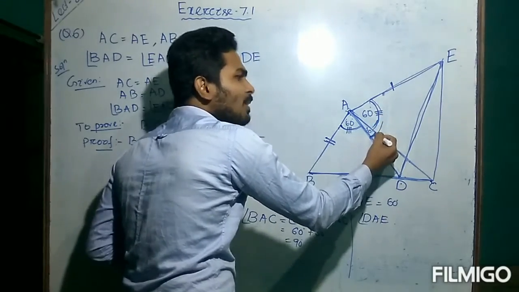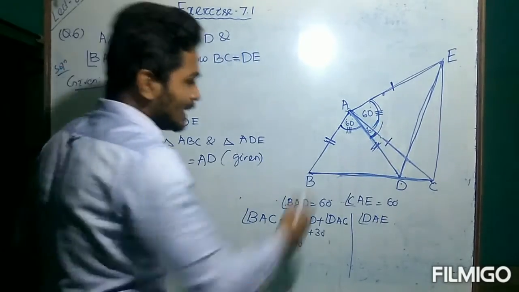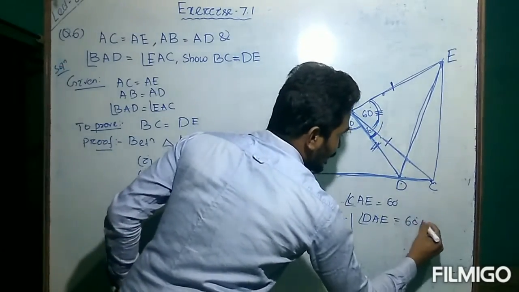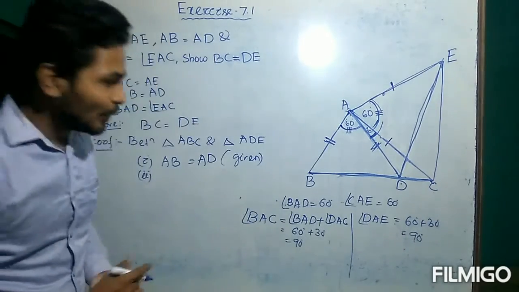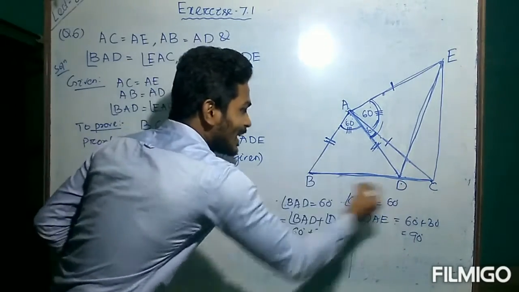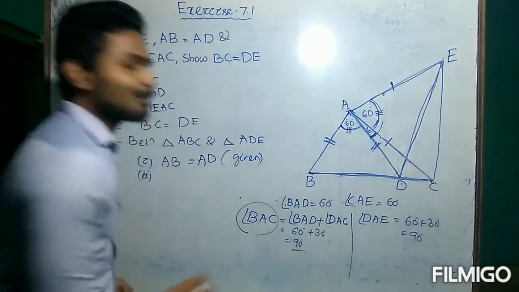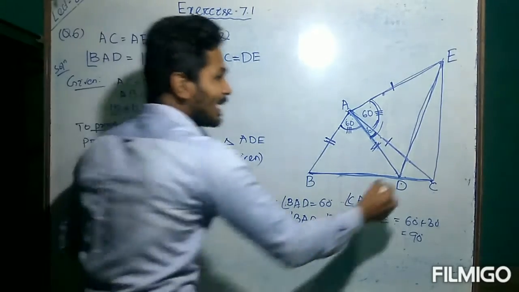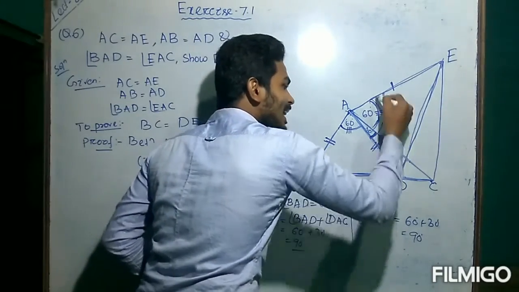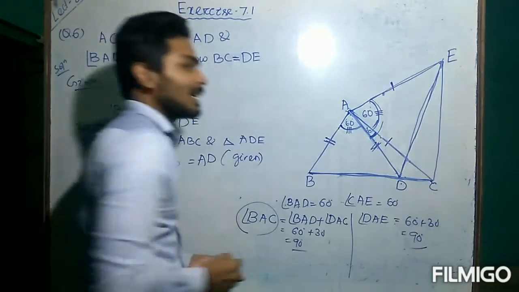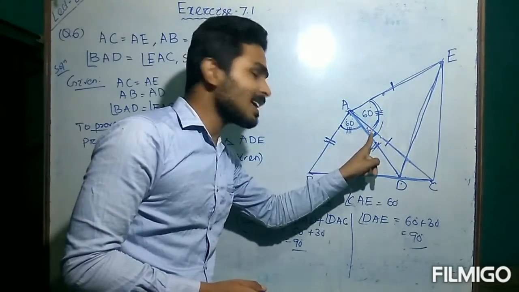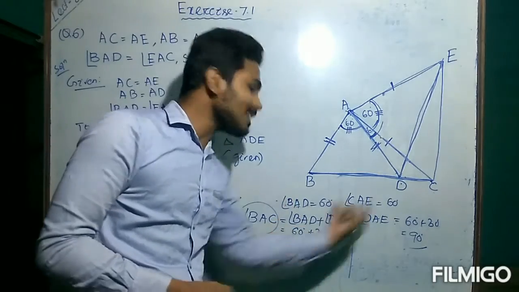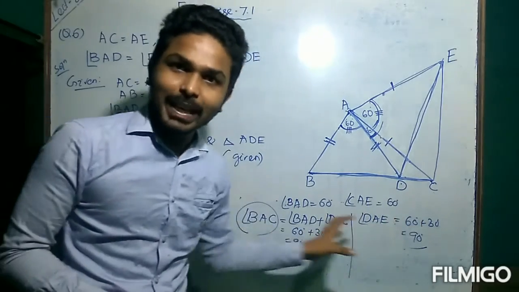This angle plus the small angle, so 60 plus 30 is equal to 90. So what do we get? In triangle ABC, BAC is 90 degrees, and in triangle ADE, this angle DAE is also 90 degrees. Since we have taken this as 60, this as 60, and this angle as 30 degrees, that is why we get 90 and 90. It means these two angles will be equal.